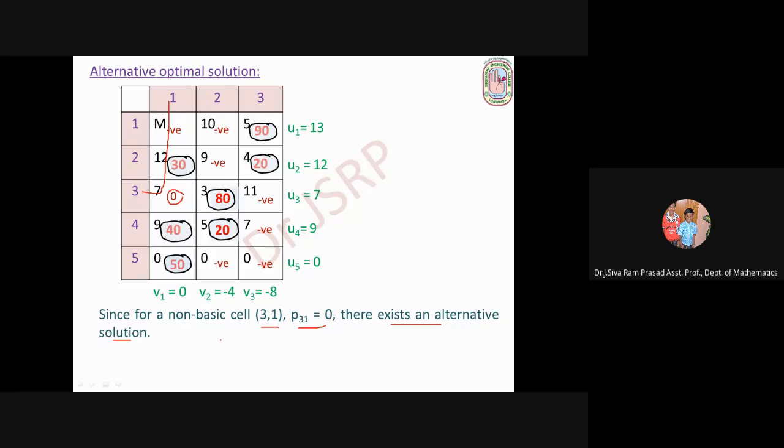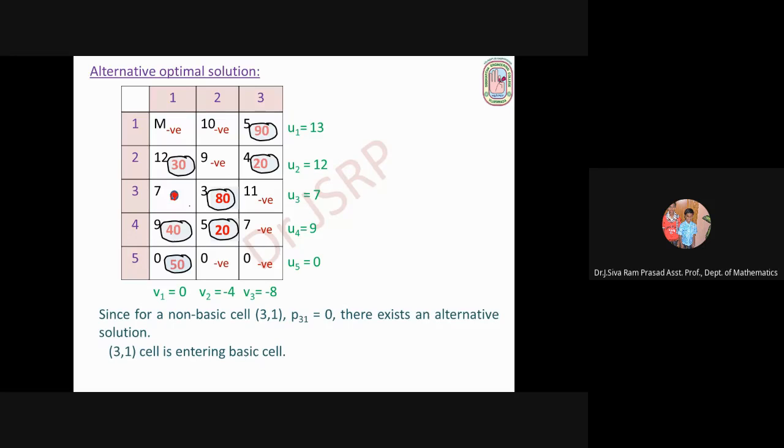So this is the condition for existence of an alternative optimal solution. For a non-basic cell, if its penalty Pij is 0, then the transportation problem has multiple optimal solutions, and such a cell is taken as the entering basic cell. So this 3,1 cell is the entering basic cell. From here, the same process. There exists a unique loop starting from this new basic cell.